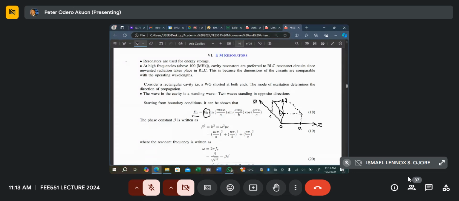Remember, for the hollow structures, we have MN modes. So for the resonator, it becomes MNP.